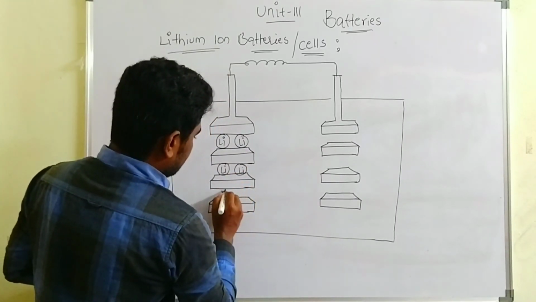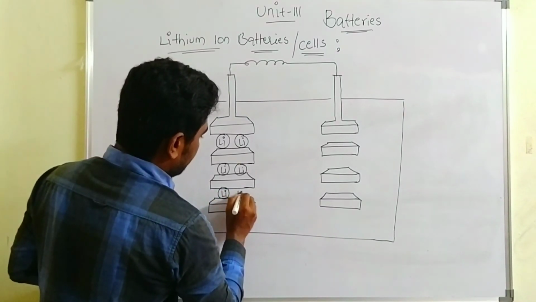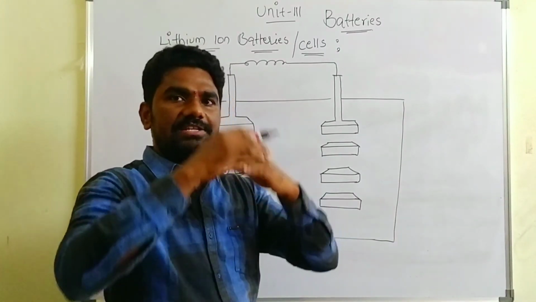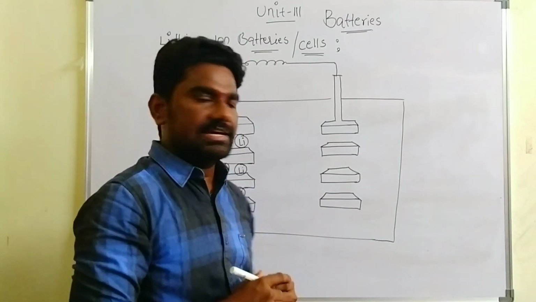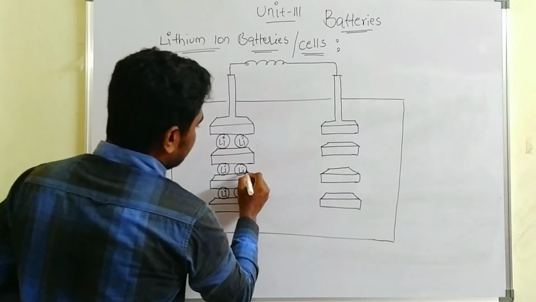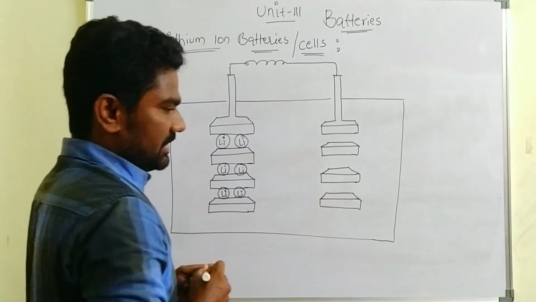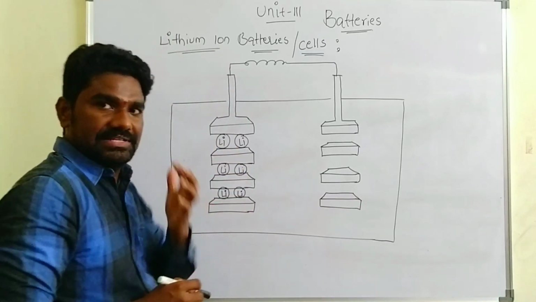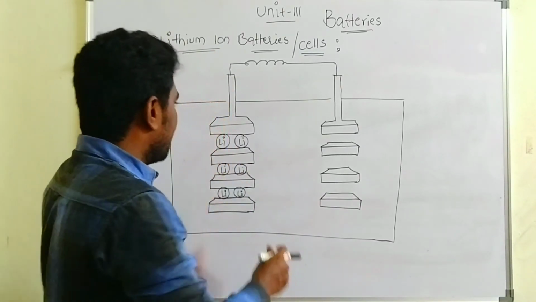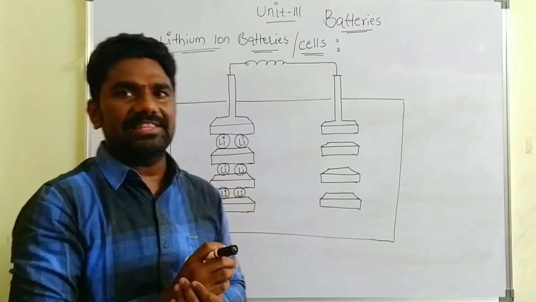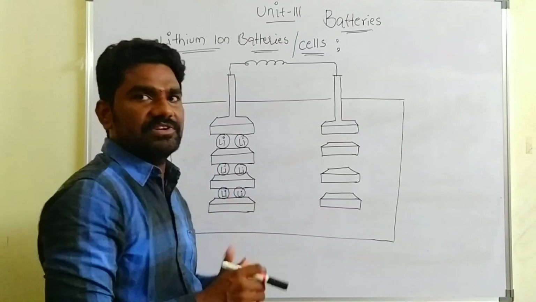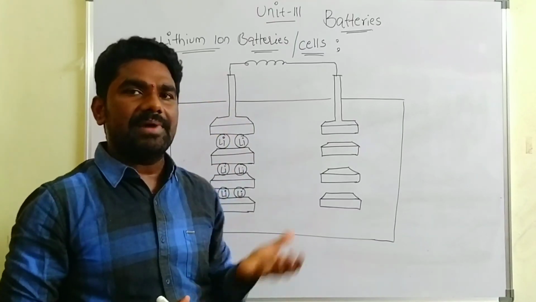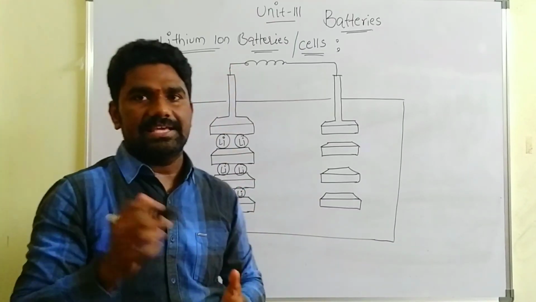In the structure of graphite we have the layer type of structure, with different layers arranged one over another. In between the layers we have the intercalated lithium. It's not a pure metal. It's actually graphite which is intercalated by lithium, not a pure lithium metal. So this is the difference between lithium primary batteries and lithium ion secondary batteries.